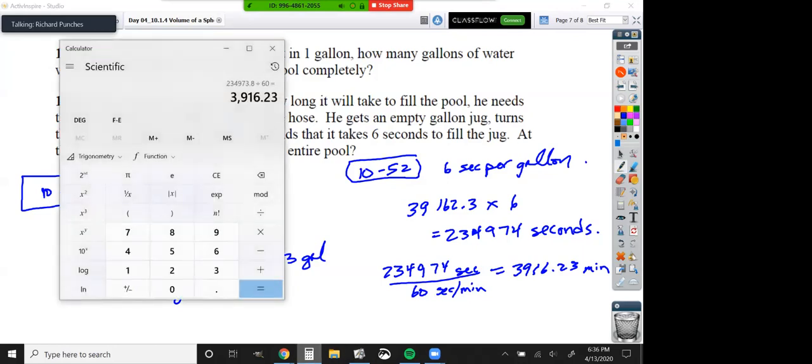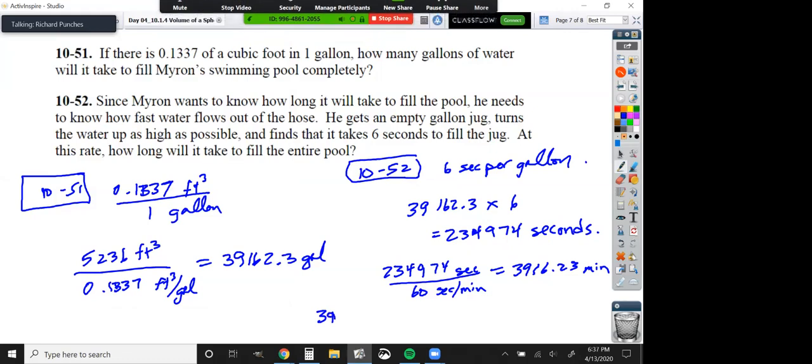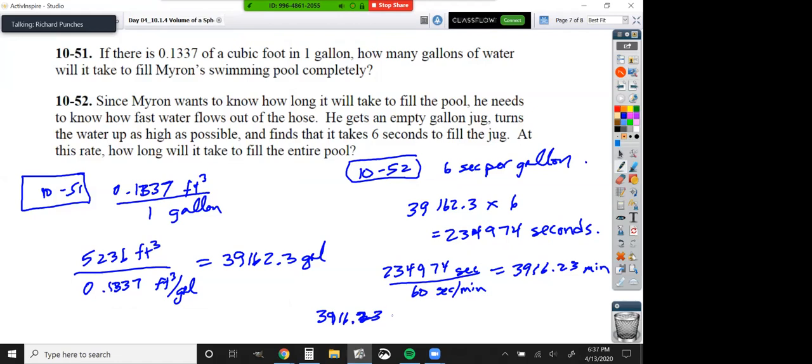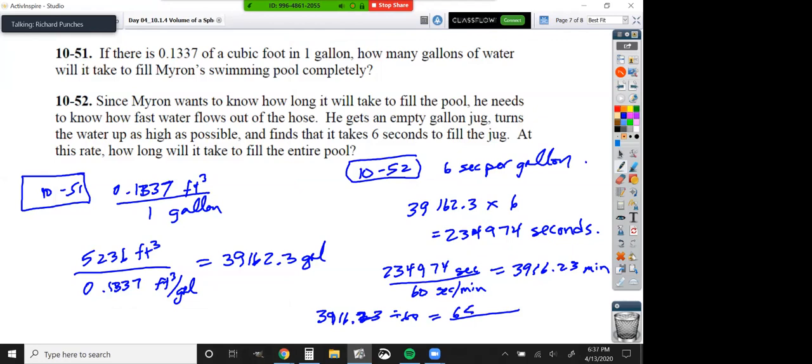Let's take that and turn that into hours. So I'm going to take 3,916.23 and divide that by 60, and that'll be how many hours? Divided by 60 is 65.27 hours.